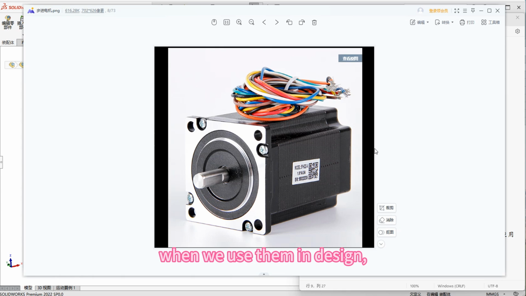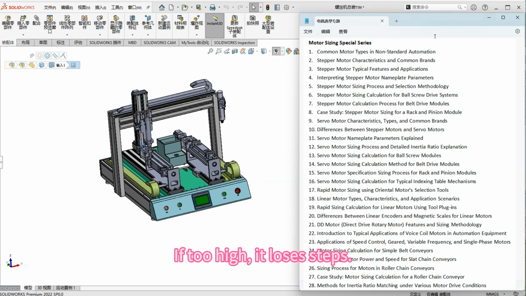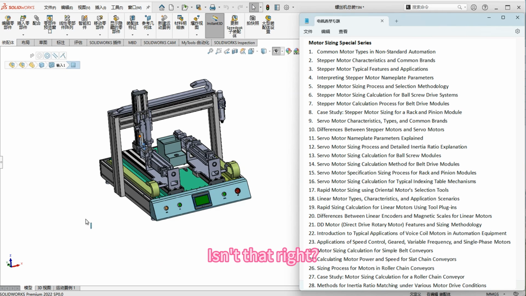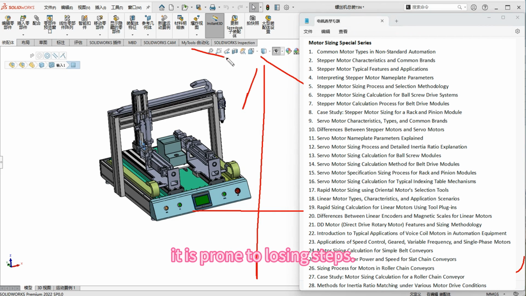Generally, when we use them in design, first, the starting torque should be lower, and second, at high speeds, it's not suitable to use steppers. Generally, for stepper motors, controlling an indexing table, or controlling a robotic arm, the speed should not be too high. If too high, it loses steps. This is essentially a case of dropping torque. We just drew a torque speed curve, isn't that right? Because, at high speeds, it is prone to losing steps. This is something we need to pay attention to.